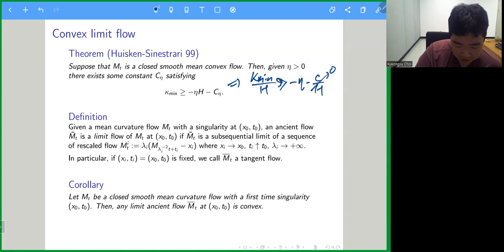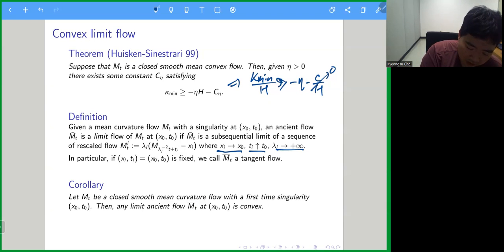We can state this phenomenon mathematically as follows. Given a mean curvature flow M_t, say (x_0, t_0) is a singularity, and we consider a sequence of triples (x_i, t_i, lambda_i) where x_i converges to the singular space point x_0, and t_i converges to t_0, and the scaling factor lambda_i diverges to infinity.